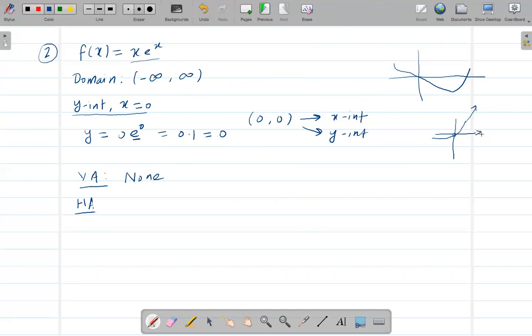So I can introduce a limit where x goes to infinity on this function, x times e to the power x, to analyze this right hand side part. All right, first I'm going to say x goes to infinity and see where this graph is approaching.